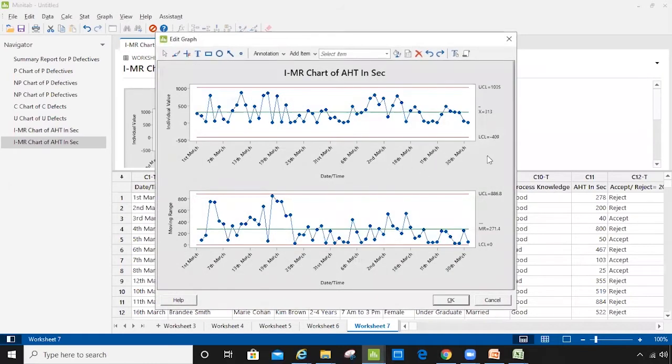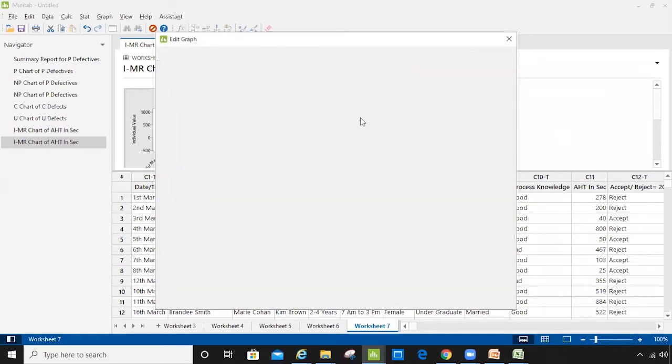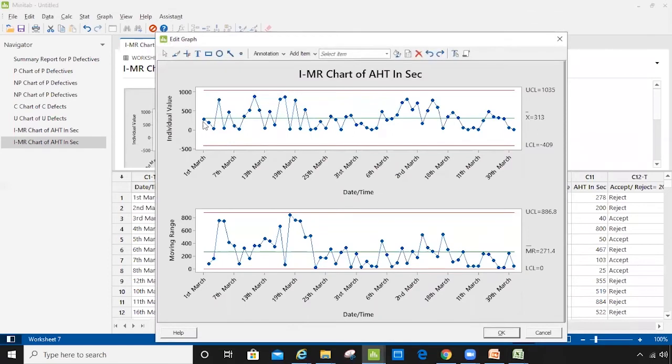So here we can see the data points. The mean is 313, the upper control limit is 1000, and the lower control limit is -409. Everything looks good. Nothing has gone above 1035 or below -409.